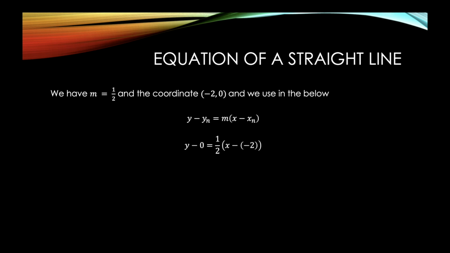You have y minus 0 is equal to a half multiplied by x minus -2, which is y is equal to a half multiplied by x plus 2. Remember, when you subtract a negative number, you add the number. Let's now multiply out the brackets, so you actually indeed get y is equal to a half x plus 1, which is exactly what we had a few slides earlier.